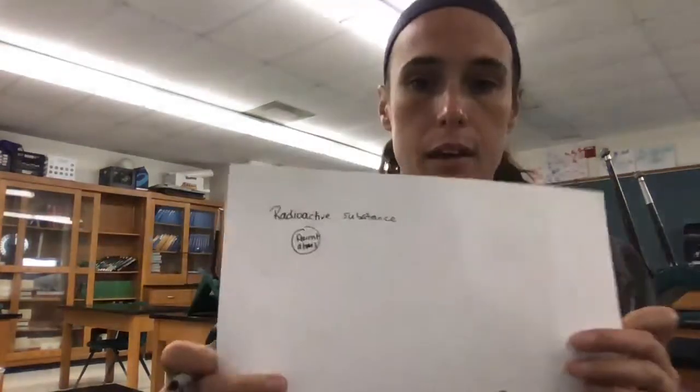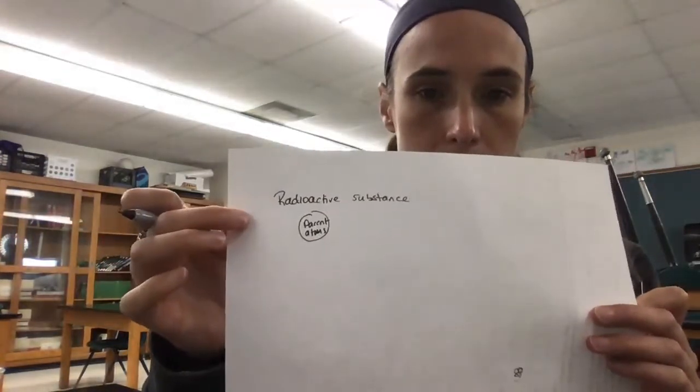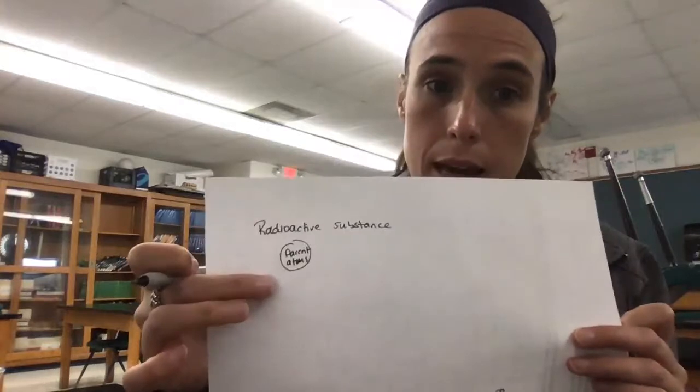So we have a radioactive substance, and it's called a parent substance, or we'll call them parent atoms today. Radioactive substances are unstable.